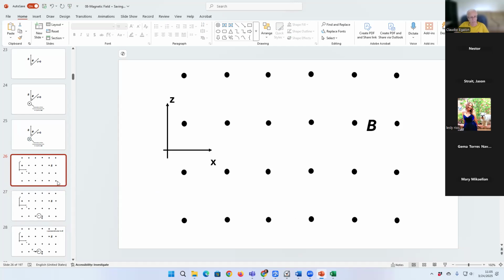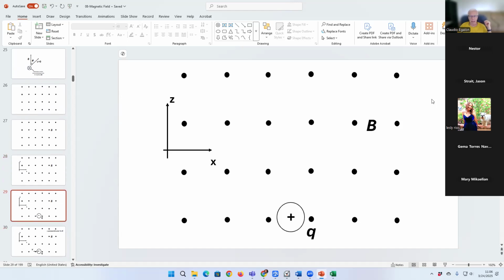We're going to start with the magnetic field, so I'm going to remove this and play the movie for you. We start with the uniform magnetic field lines, and I'm going to label them. After labeling them, I'm going to put my X and Z axes. The Y axis is pointing in the same direction as the B vector.